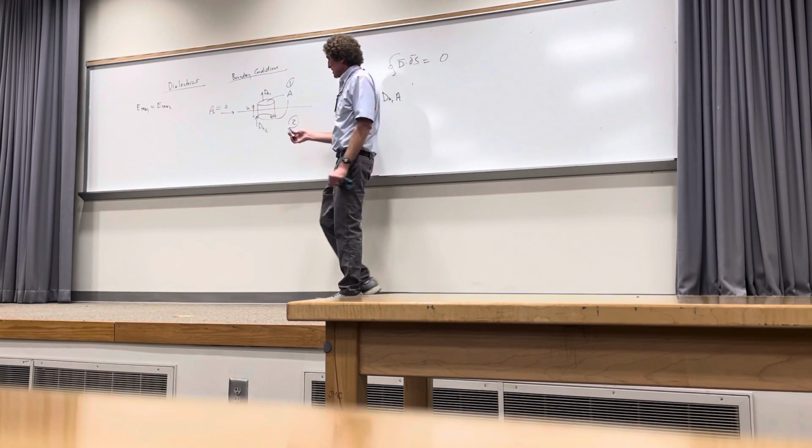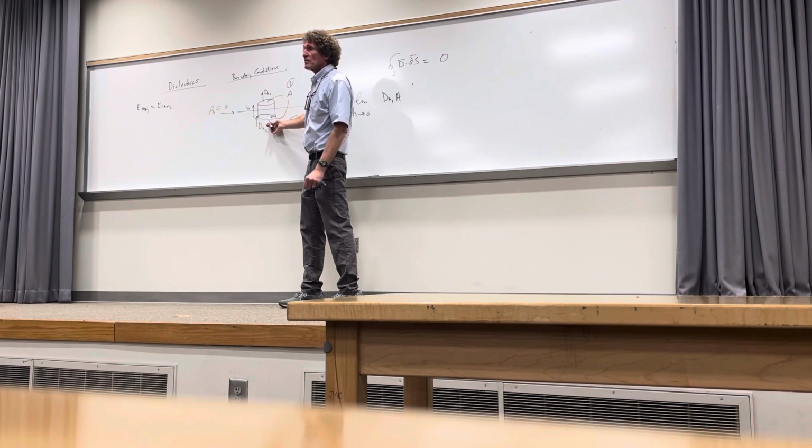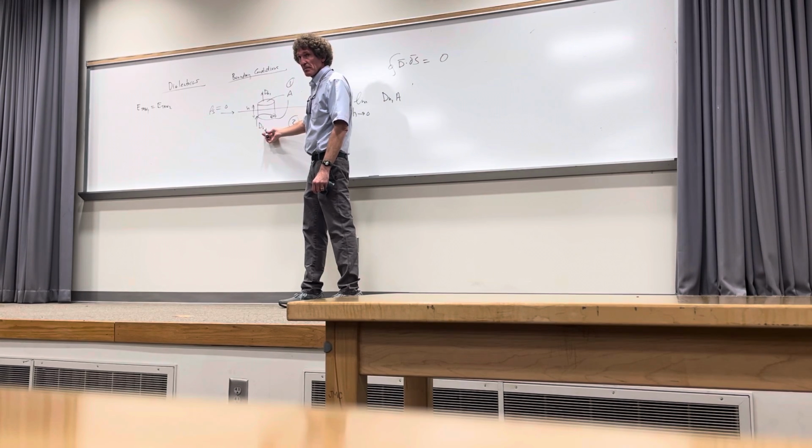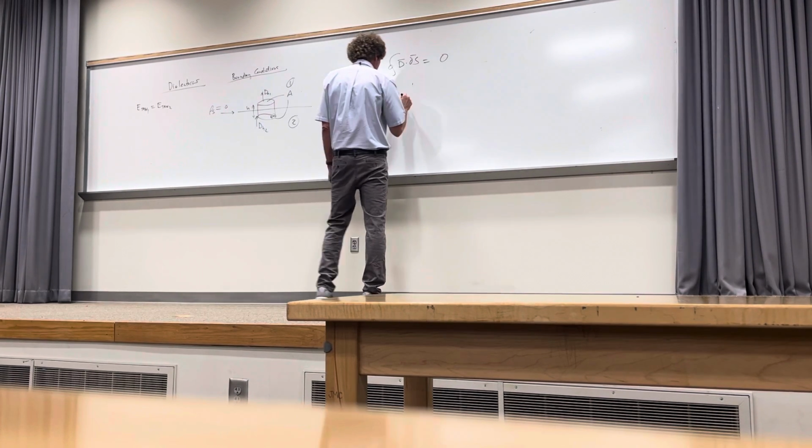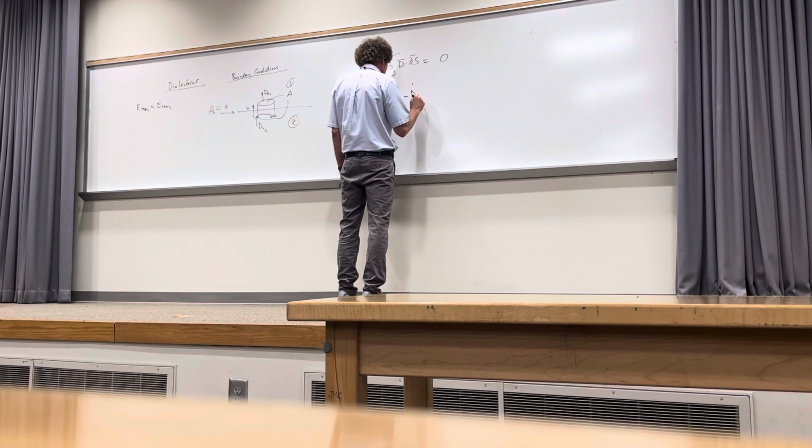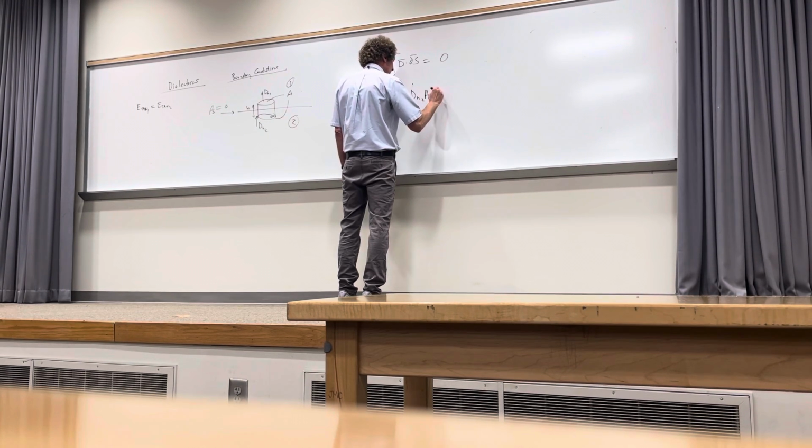But look, now the integral of D dot ds over this surface, if I have the D field just arbitrary, the normal vector is in the opposite direction. Do you see that, class? So it would be minus D normal 2 times A equals 0.